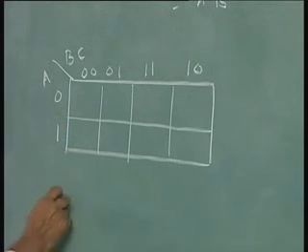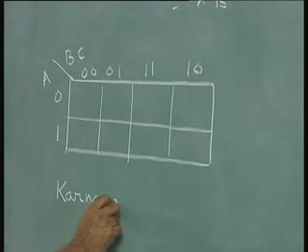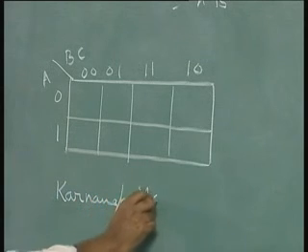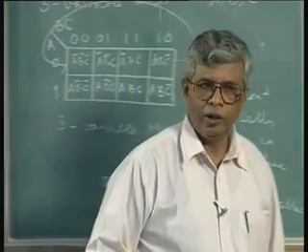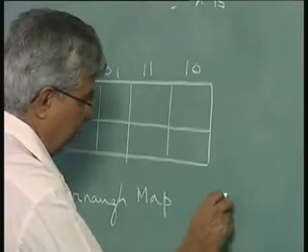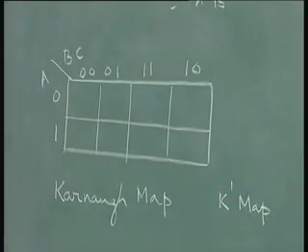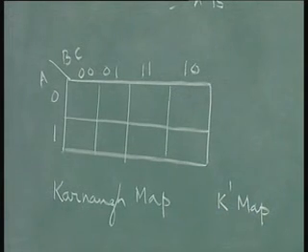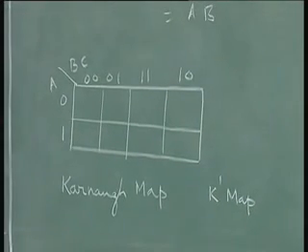This map is also called a Karnaugh map, after the name of the person who probably invented this. They simply call it K-map. You will see this K-map being mentioned in textbooks, or Karnaugh maps.